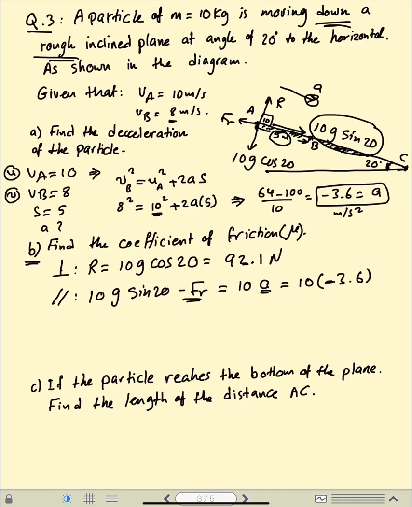So calculate 10g sin 20, it will give 36.5 to three significant figures, minus FR is equal to minus 36. So FR is equal to 33.5 plus 36.